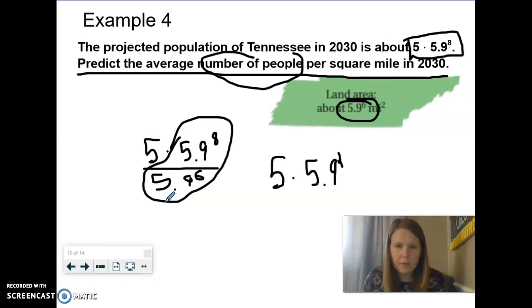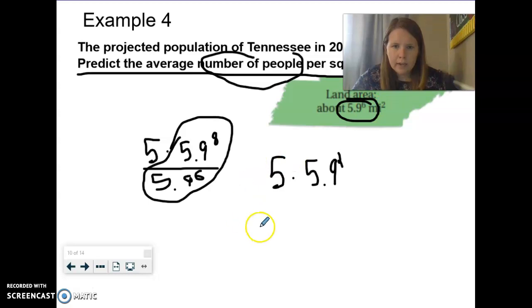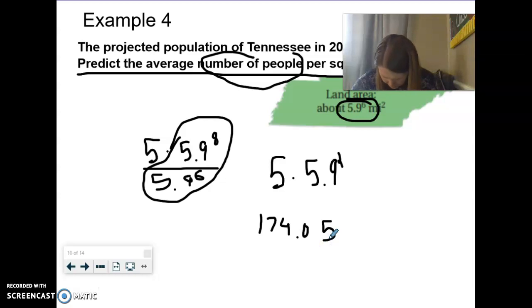Okay. 5.9 times 5.9 gives me 34.81, and then I'm going to multiply by 5. Looks to be that I get 174.05 is my estimate. So now you can't have 0.05 of a person.